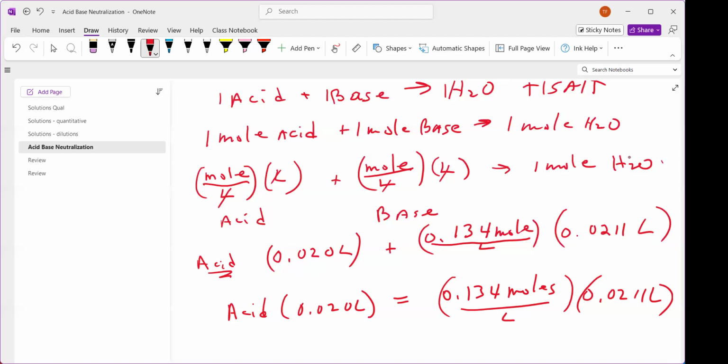Okay, when that happens, this equation is valid only when that happens at neutrality. So now we have an unknown acid concentration times the volume equals base concentration times volume. We just solve now for this guy here.